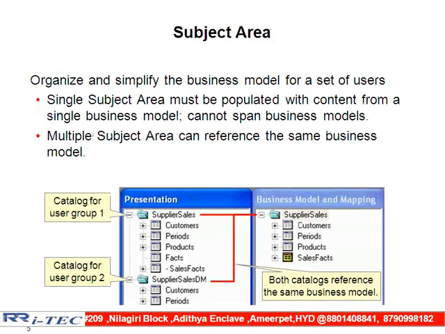Let us go and try to understand what this subject area is. It organizes and simplifies the business model for a set of users. What is the subject area, sir? It is useful to organize and simplify the business models for a set of users. What is a business model, sir? Business models are useful to simplify your physical schemas. In the supply sales schema, you may have sales tables and you may have finance tables.